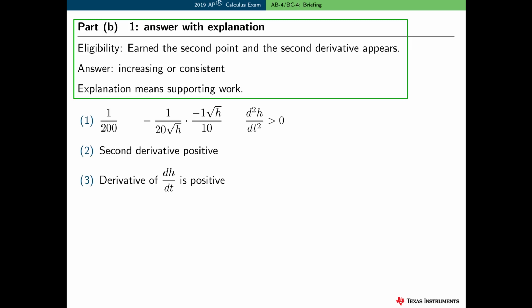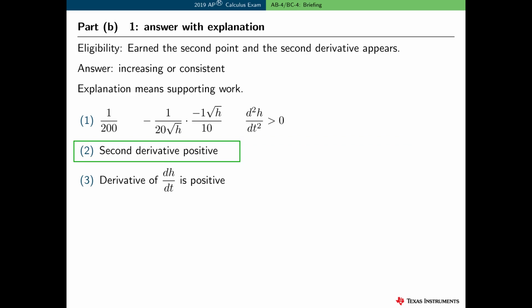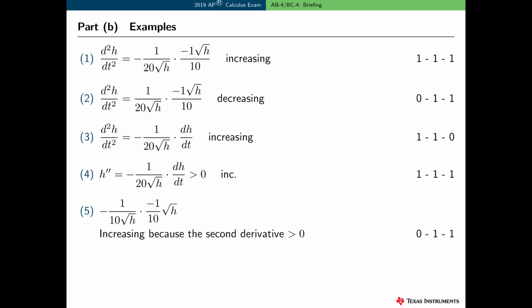And again, the word explanation here means supporting work. Here are 3 examples of supporting work. The student could also state that the second derivative is positive, or they could say that the derivative of dh/dt is positive.